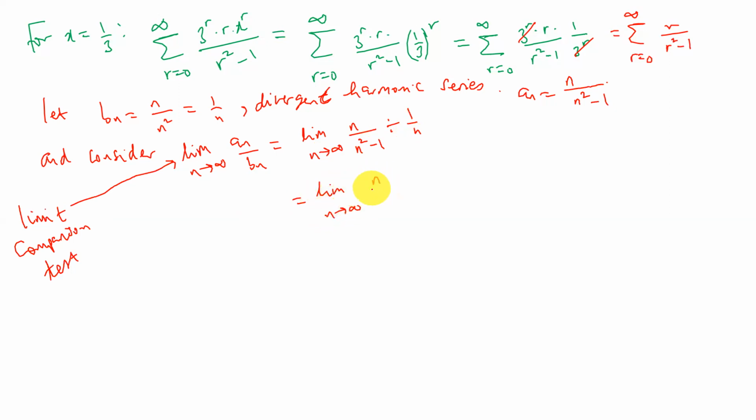So you have n and then n squared minus 1, and you multiply by the reciprocal like this. This is the limit as n approaches infinity of n squared minus 1, and this is 1.